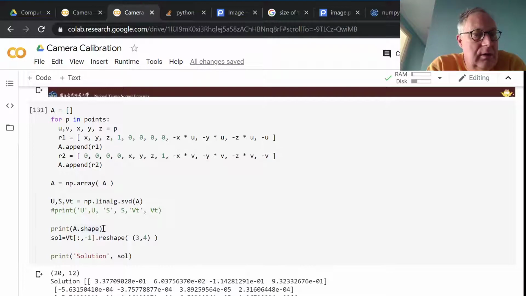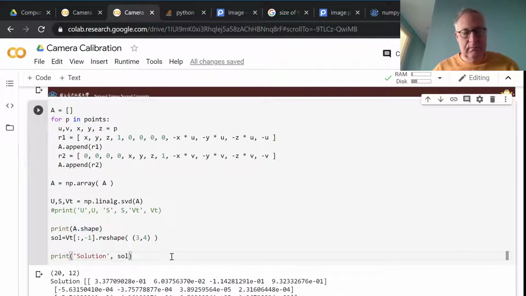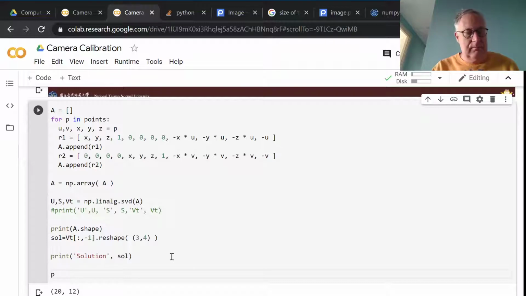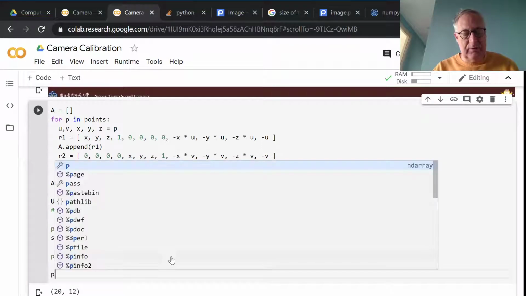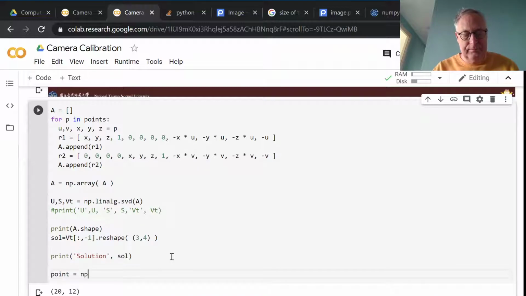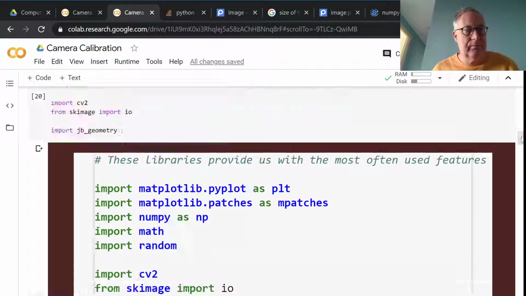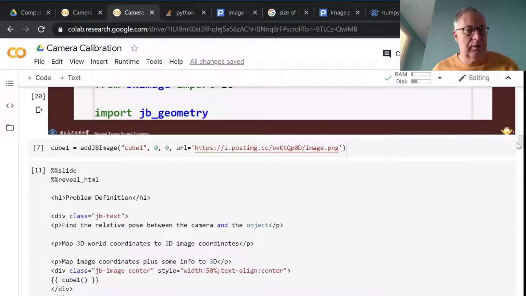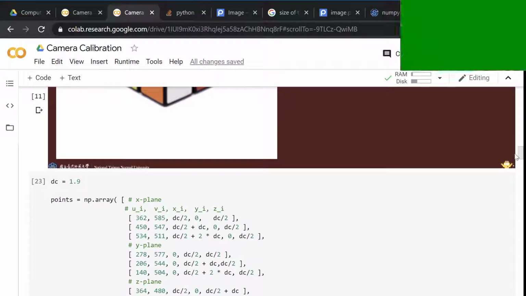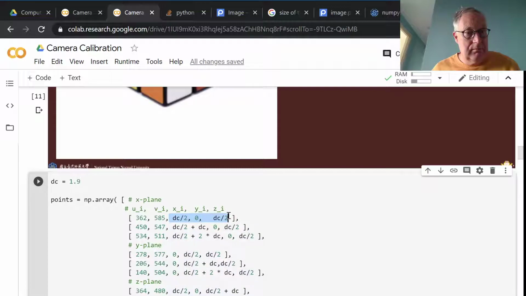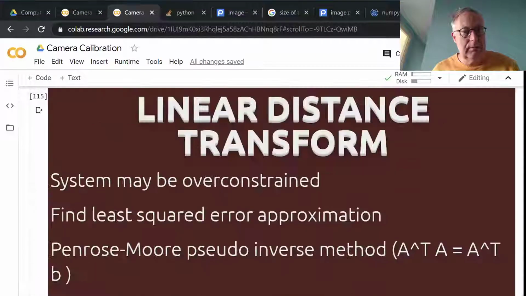Then if I want to find that, so I can take my first point and the coordinates that I used were DC2.